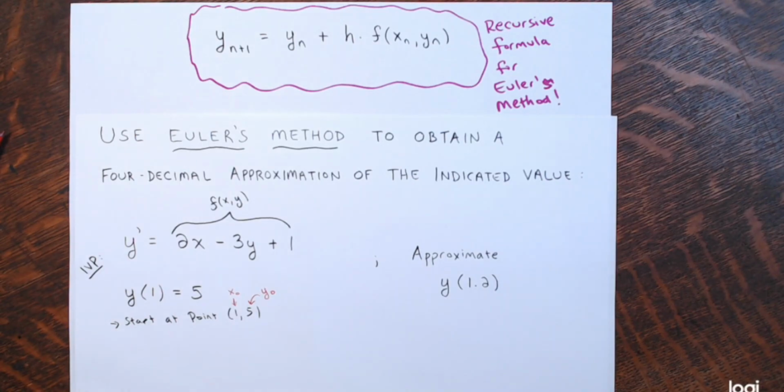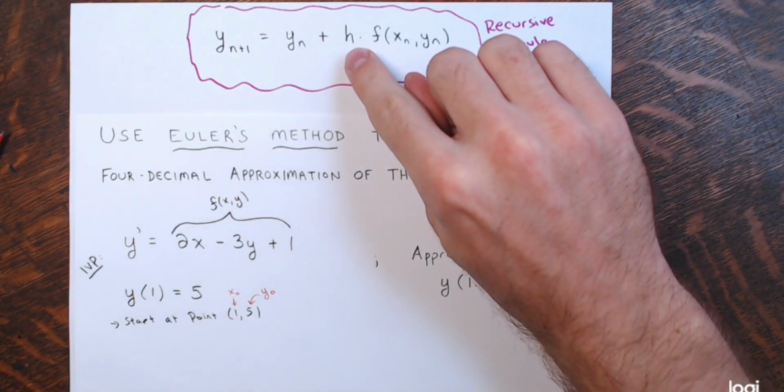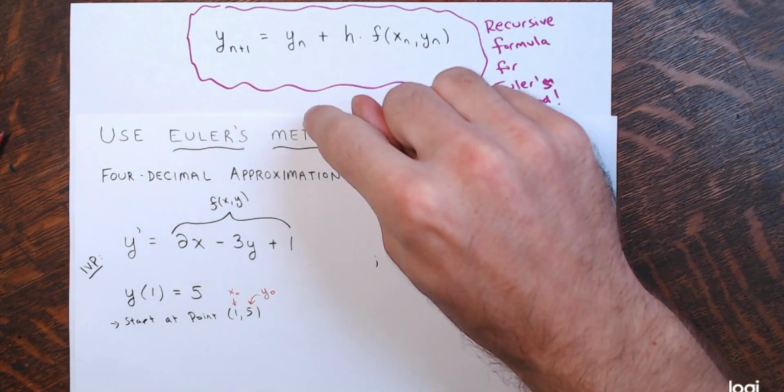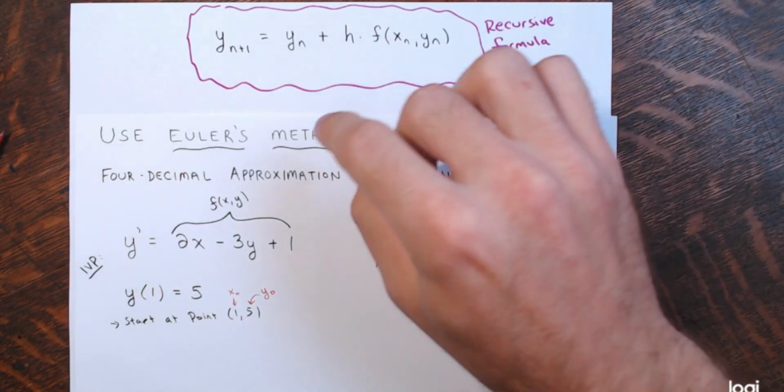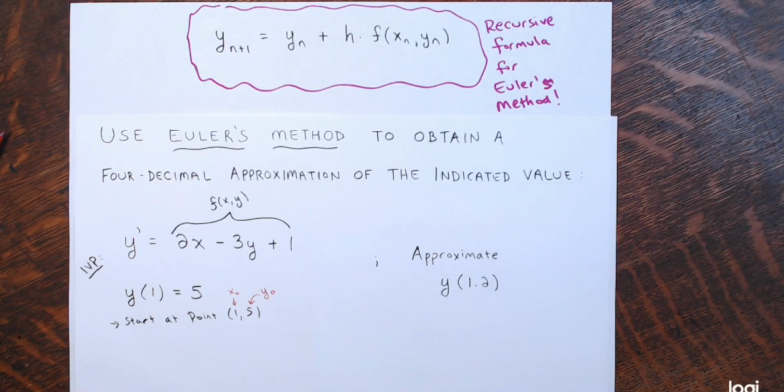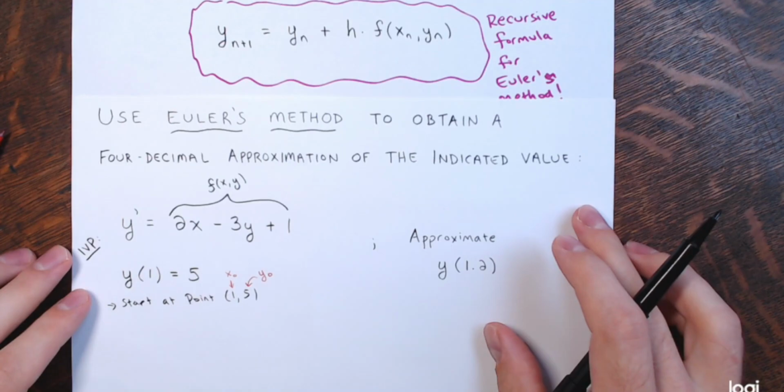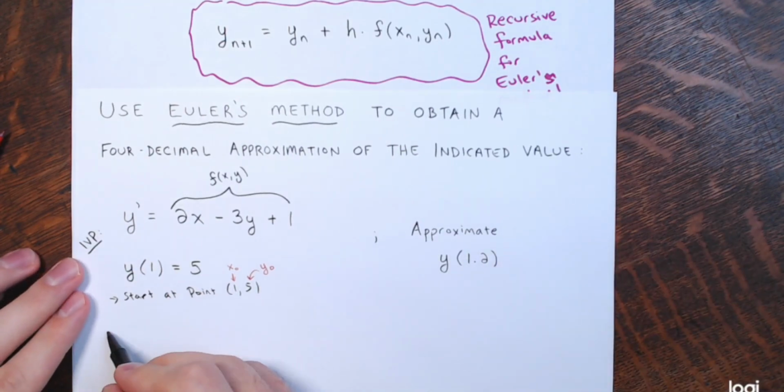How good the approximation is going to be depends on the value of h. Remember, I was stepping to the right, or to the left if h is negative, h units. First I'm going to do it when h is simply 0.1.